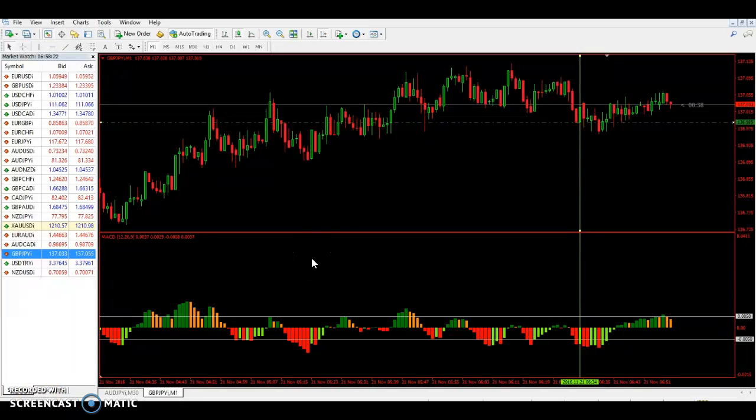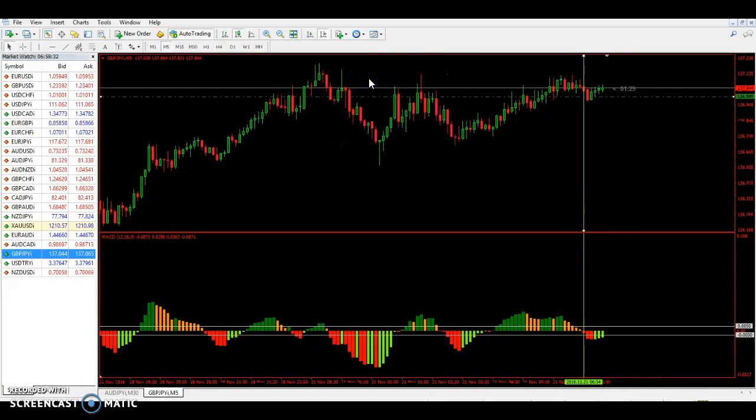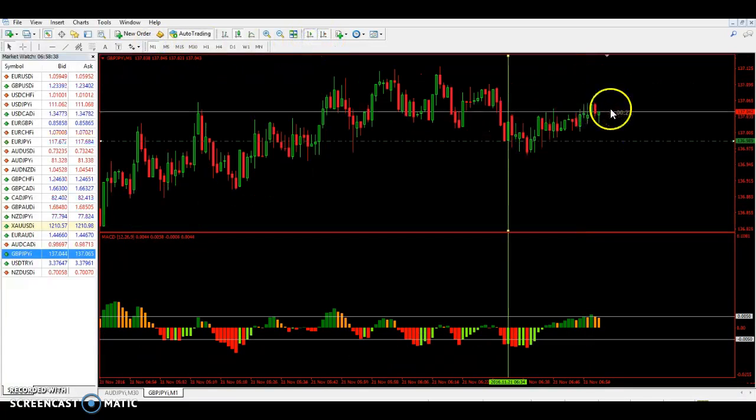Okay, this trade has about a minute left. A minute and 25 seconds. Like I said, I took this for a buy to expire at the top of the hour.